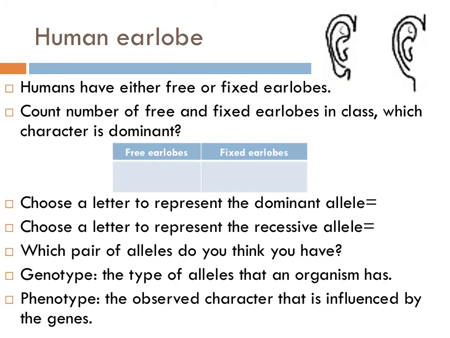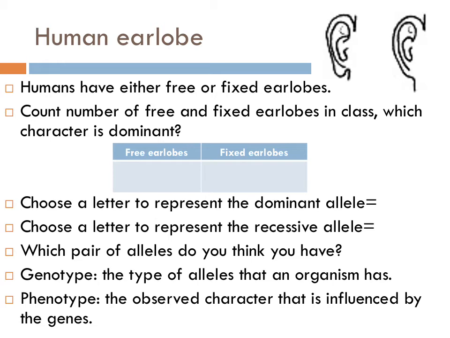This is a lovely game that I like to play when we're together in class. The human earlobe shows us one of the different characteristics that are actually inherited. An earlobe, for those who don't understand what we are talking about, is usually the part that a girl will have an earring attached to.